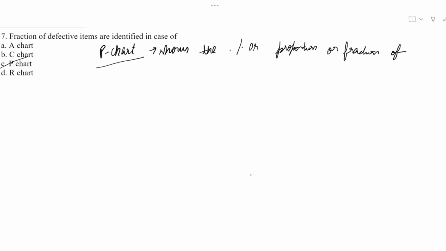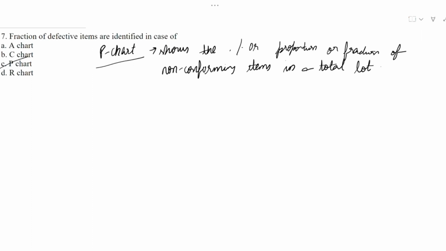The P chart shows the percentage or proportion or fraction of non-conforming items in a total lot.